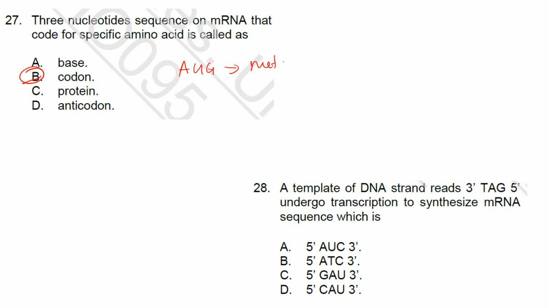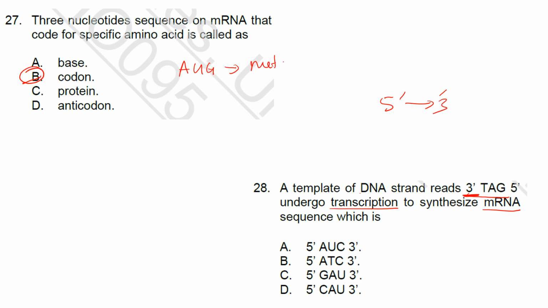Okay, number 28, a template of DNA that reads 3' TAG 5' undergoes transcription to synthesize an mRNA sequence, which is... Okay. So the DNA template must read 3' first, because the synthesis of mRNA must run in the 5' to 3' direction as well.